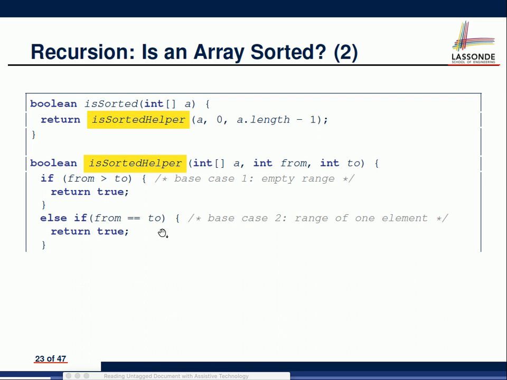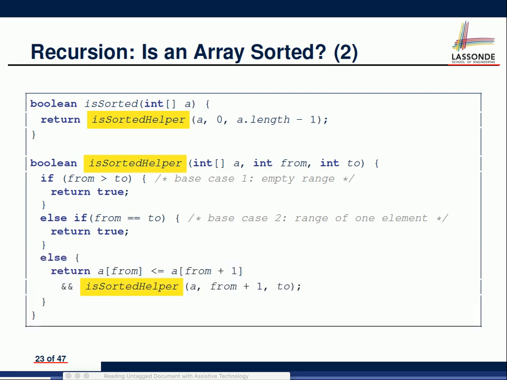In this case, a single element array is always sorted, right? There's no way to find a violation in a single element array, just true. And then, if it is the recursive case, what we will do is check A at from is less than or equal to A at from plus 1. We're going to see exactly how this is going to work. And then call the helper method with from plus 1, the same as before.